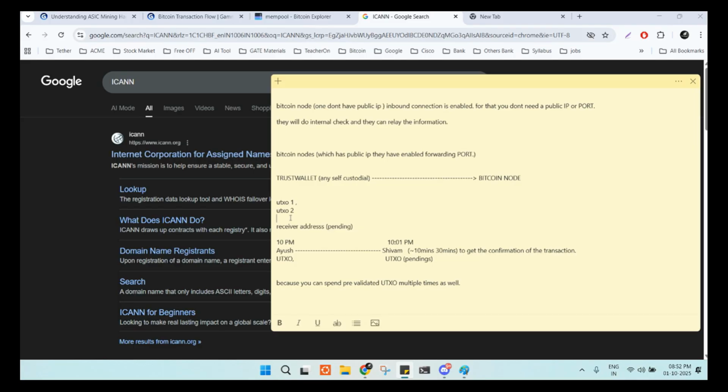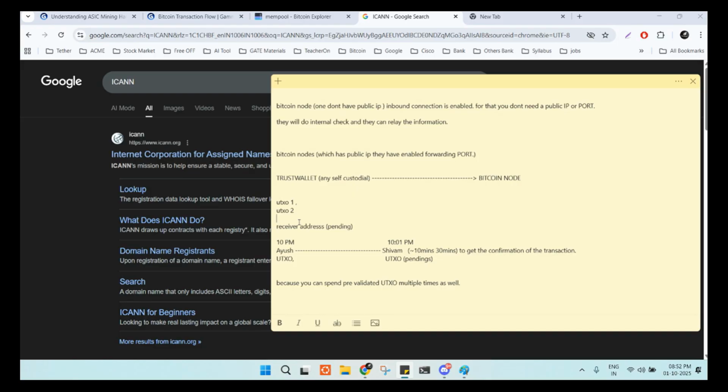Whoever receives that transaction sends it further, like the P2P network, to 10 nodes, 11 nodes, whichever it is connected to. All the transactions in the network get forwarded like this between the nodes, and every node has its own mempool.